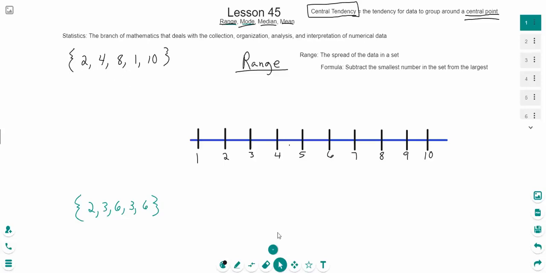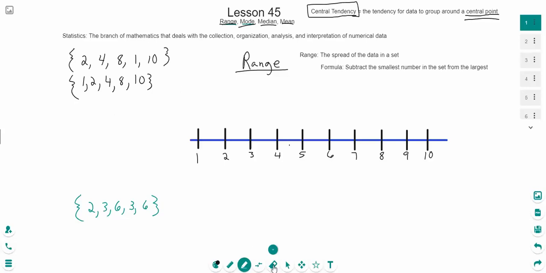So the first thing to usually do with your set is to organize your set. And we'll do that right now. To do that, we just rewrite it from the smallest number to the largest number. So all I'm doing is just rewriting the same numbers in order from smallest to largest. That'll make finding several of these other items much easier.